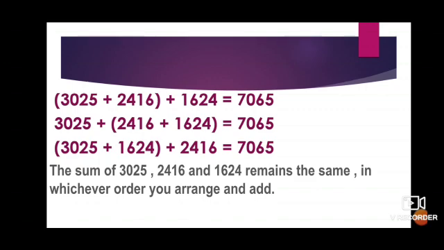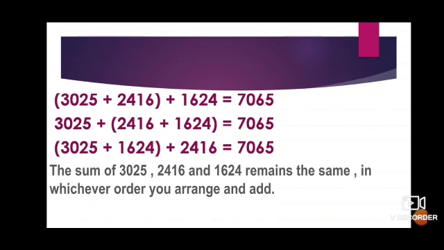When you have added these by grouping in different ways, the answers are same. So the sum of 3025, 2416 and 1624 remains the same in whichever order you arrange and add. Is this clear, children? Yes, very good.